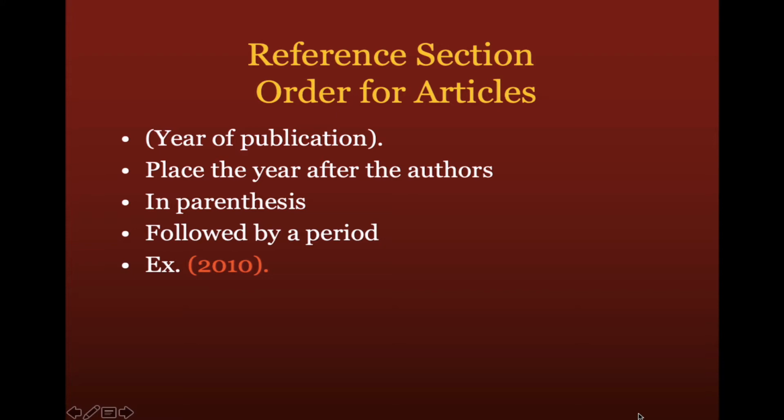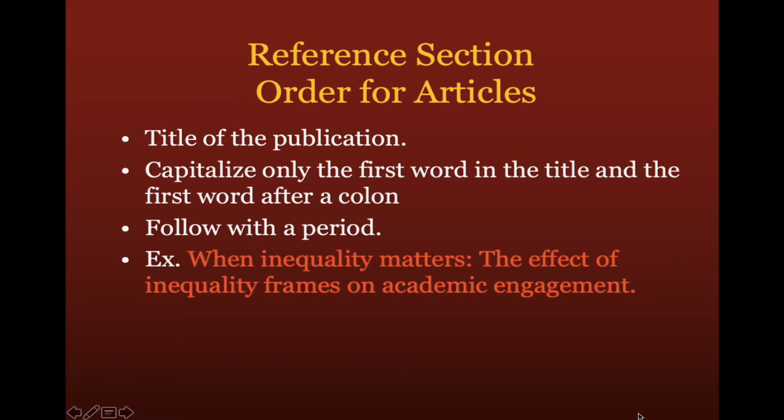Next, you want to report the year of publication in parentheses followed by a period. This particular article was published in 2010. As you can see on our running example here at the bottom, now we add in our year of publication. Then you want to give the title of the actual article.